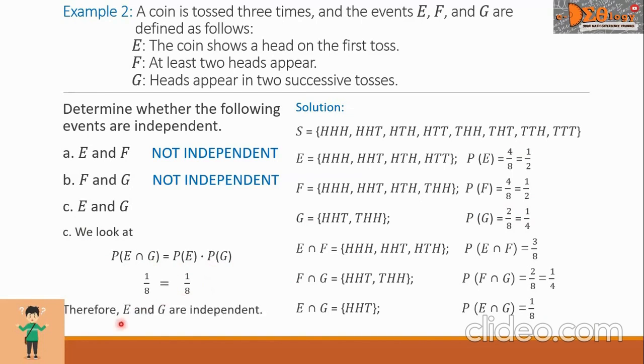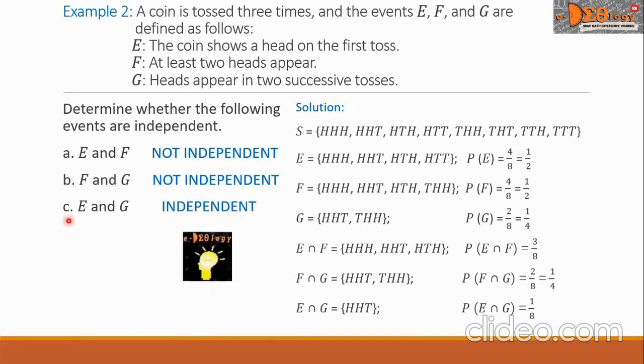So we say that the events E and G are independent. So let us write our remarks opposite problem C. So this is now our final answer.